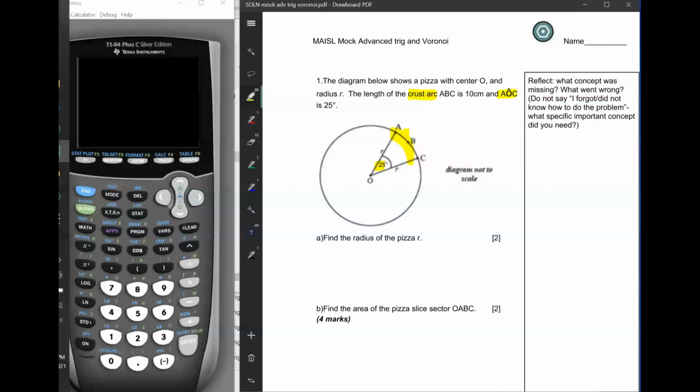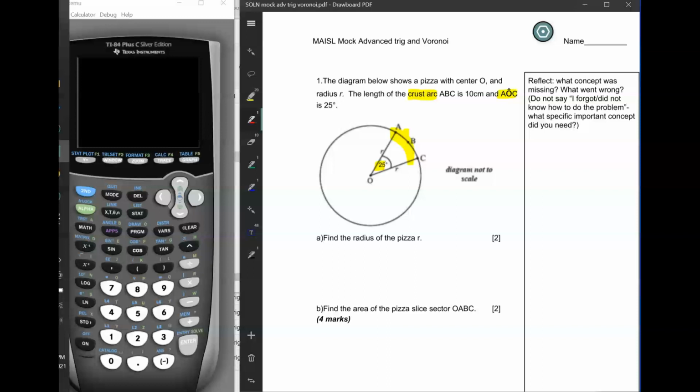Okay. So the first thing we're going to do is look at the formula booklet, which has a way of finding the length of an arc from the central angle and the radius.